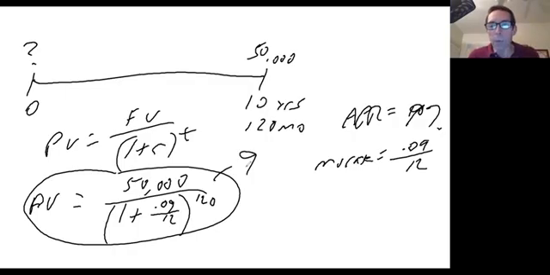Because what's important is not getting the right answer, believe it or not, because it's a made up problem. I really don't know anybody who is expecting to get $50,000 in 10 years and wants to know how much they deposit today. I just made it up. So getting the wrong answer is not going to hurt anything because it's a fictitious problem.